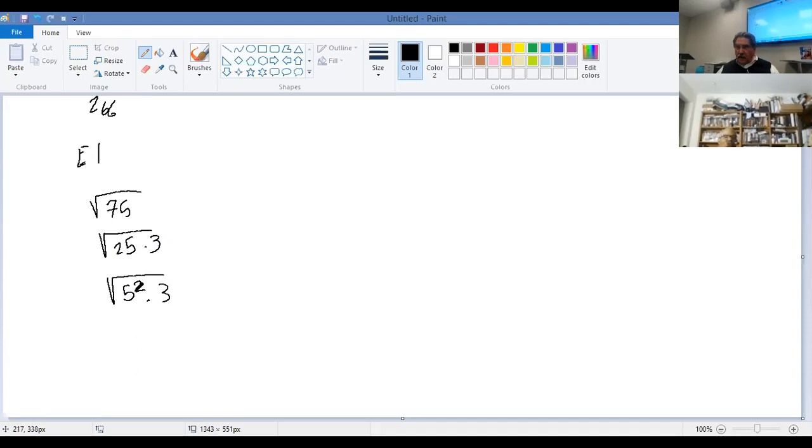Now, this 5 to the power of 2 comes out of the square root sign and becomes 5. 2 divided by the square root is 1, so it becomes 5 times the square root of 3.